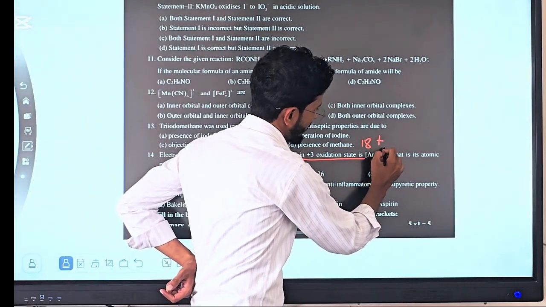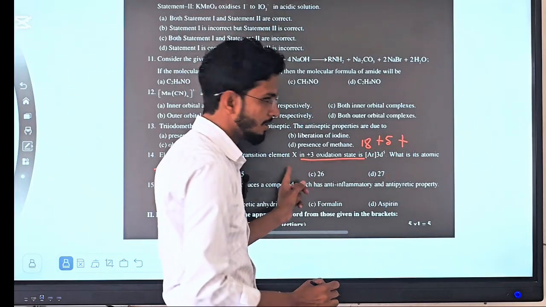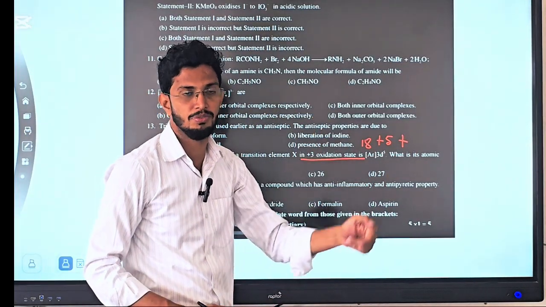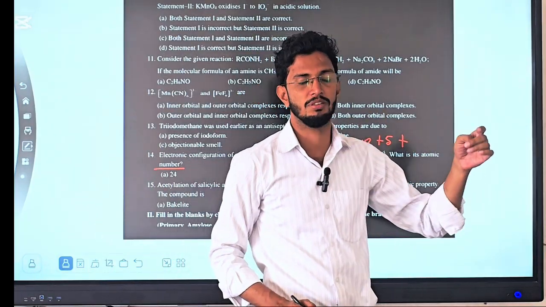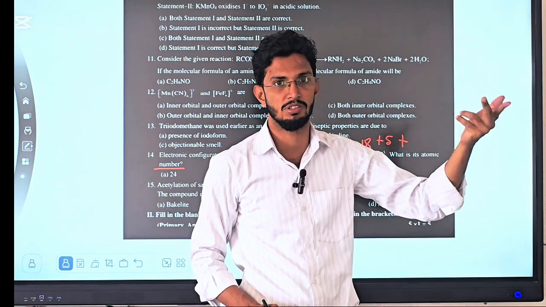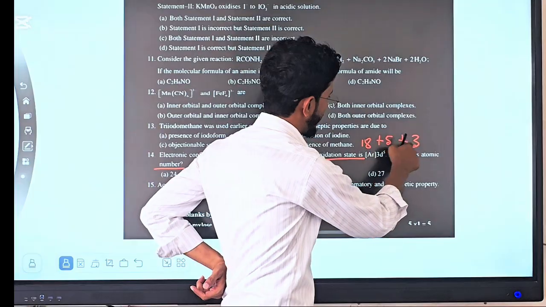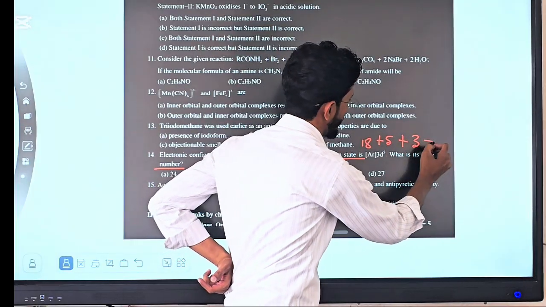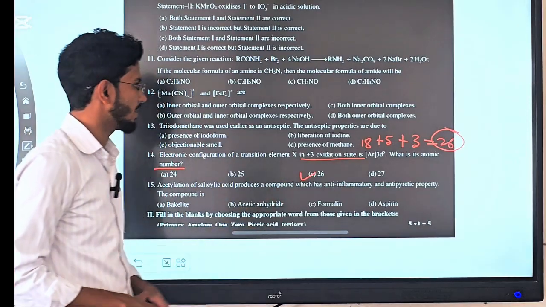And in d, how many electrons? 5. 18 plus 5, and +3 means 3 electrons have been removed from the atom. The atomic number is decided according to protons, not electrons. So 18 plus 5 plus 3 is 26. Option C will be correct.